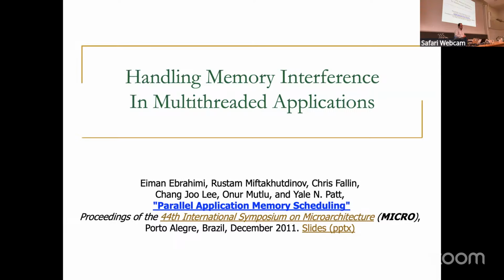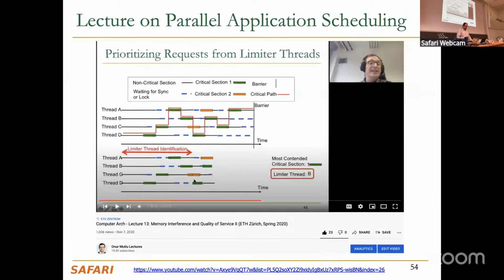So you are running a multi-threaded application on a multi-core system. And this problem can be even more interesting and challenging if you consider that you have several applications and each application is multi-threaded. So we want to focus a little bit on that line to see how we can handle the issues for these applications.